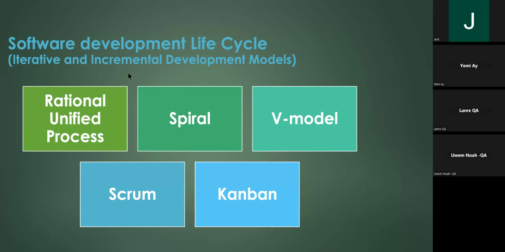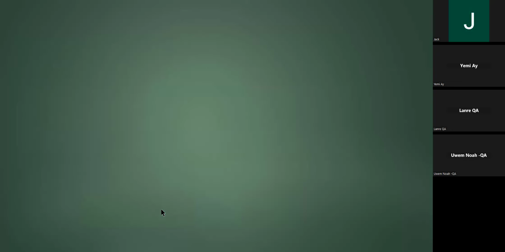Just mentioning some of them: Rational Unified Process, Spiral, V model, Scrum. What you are doing now falls within this remit. Scrum, Agile, Kanban is more of a traditional one, but falls within this kind too.